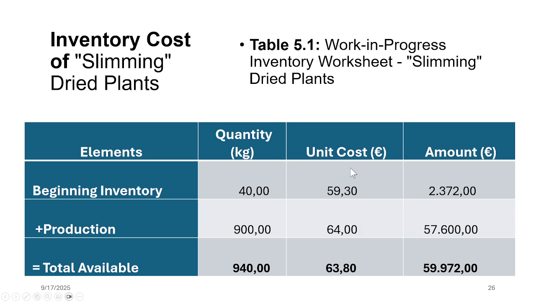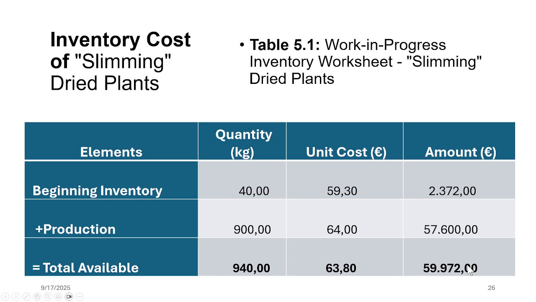Here the unit cost of the beginning inventory, given in our context, is 59.30 euro. So the amount of the beginning is 2,372. We move the cost of production from our last calculation, which is 64 euro, so here we have 57,600.